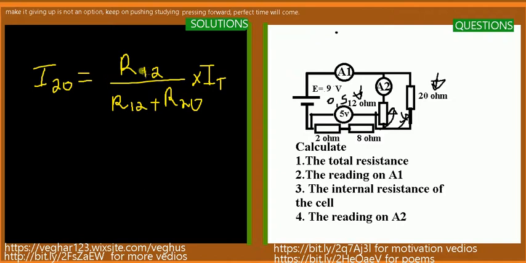So you have to put 12 and this, and then we multiply by the total current, which is 0.5, because the total current that comes from here is the current that comes here as well, because it's in series.